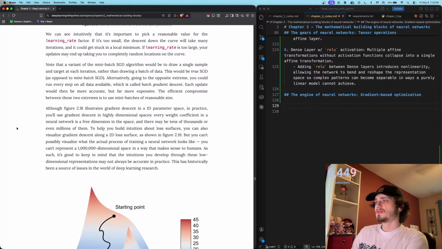But you can't possibly visualize what the actual process of training a neural network will look like. You can't represent a million dimension space in a way that makes sense to humans. As such, it's good to keep in mind that the intuitions you develop through these low dimensional representations may not always be accurate in practice. This has historically been a source of issues in the world of deep learning research.